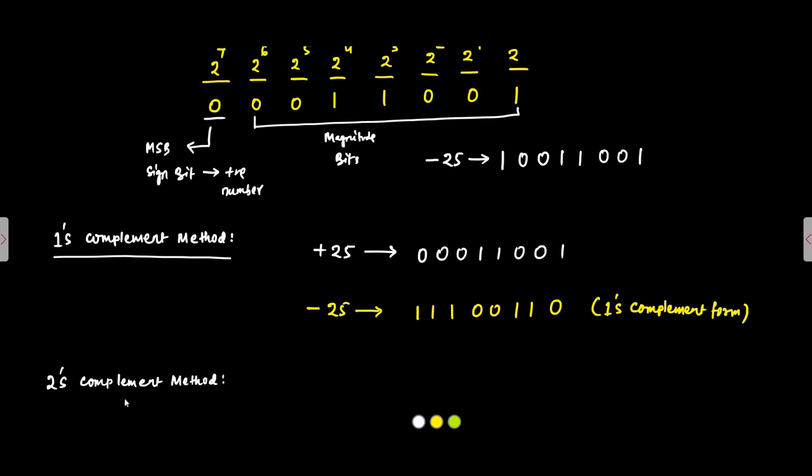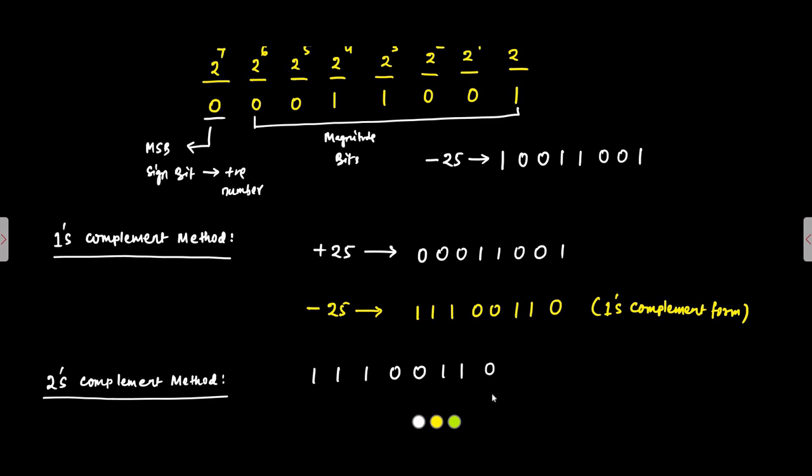The 2s complement method is that we add 1 to the LSB of the 1s complement. This is the 1s complement, 1 1 1 0 0 1 1 0.